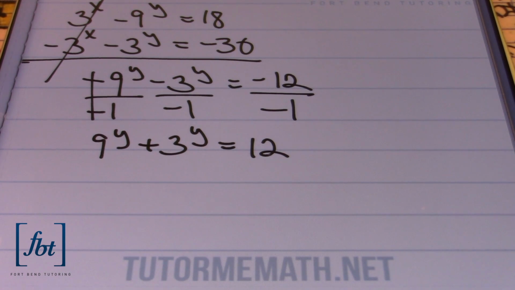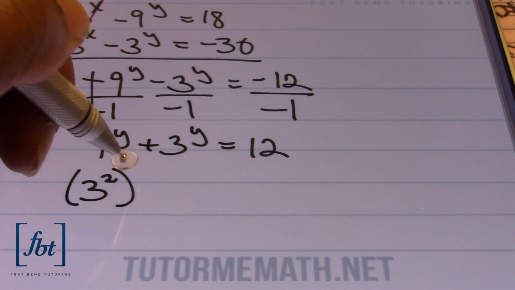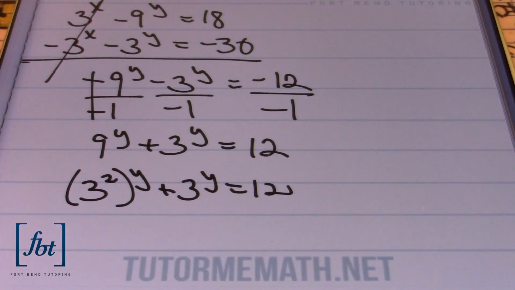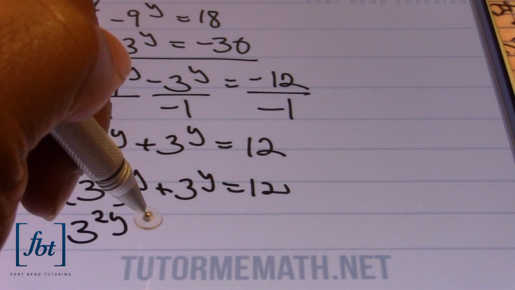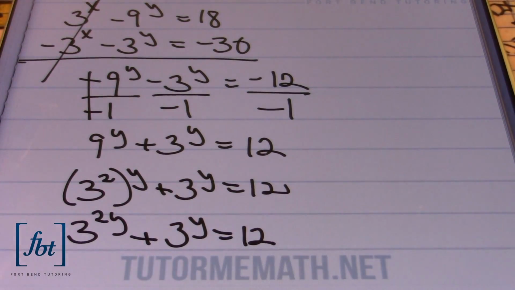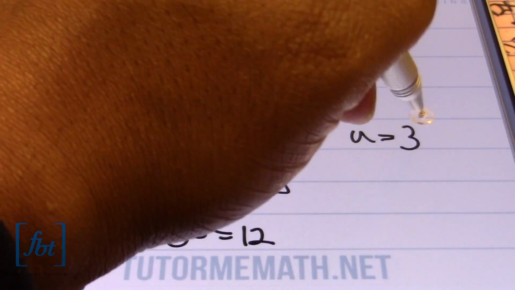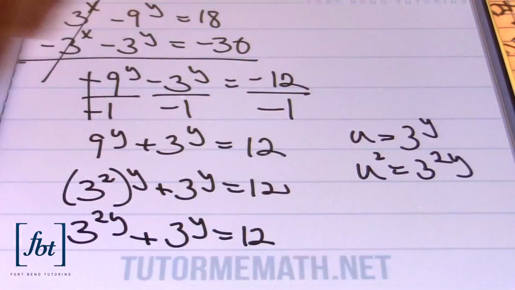I'll be probably using substitution after I show you that 9^y is 3 squared to the y, so we have 3^(2y) + 3^y = 12. We will show that u equals 3^y, and that u squared will equal 3^(2y).